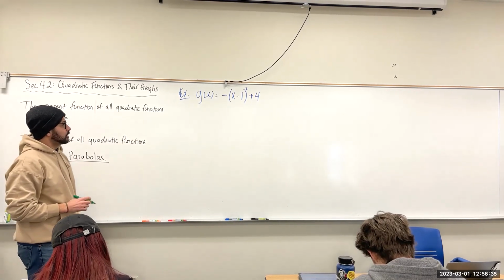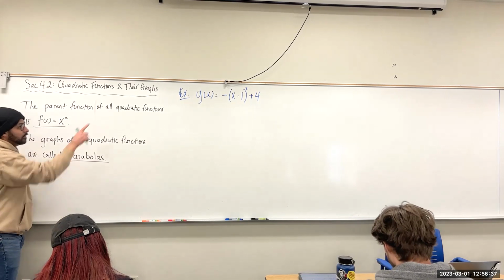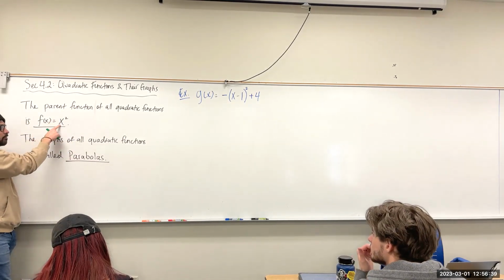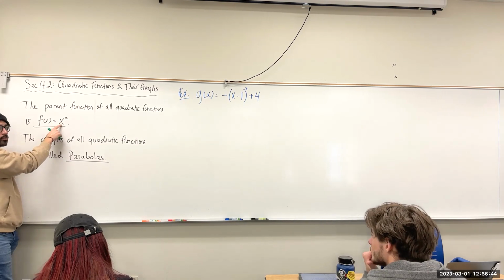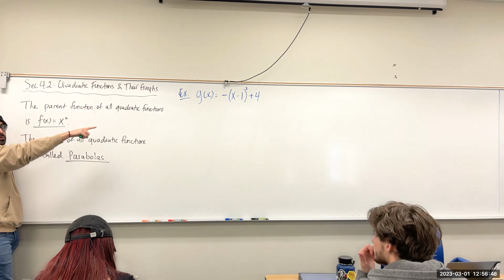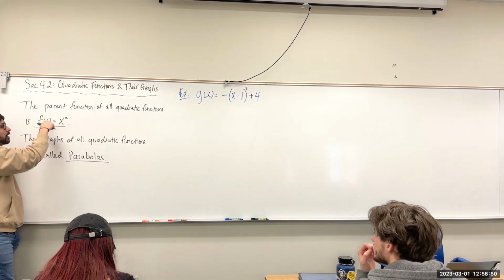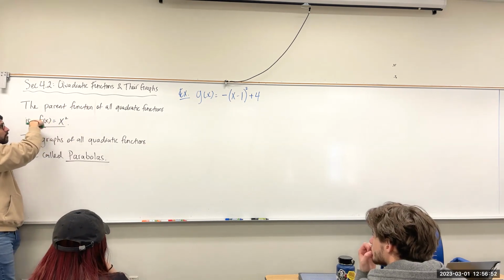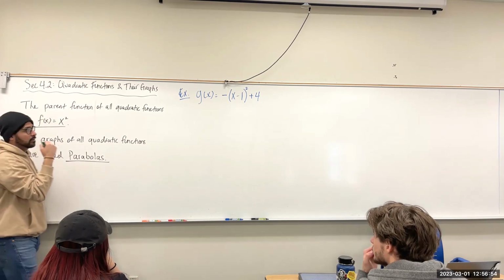So look at that function and look at the parent function x squared. Here, this is just squaring the x, but over there, what is it that you're squaring? X minus 1. So what is that? How would I rewrite that using this f function here? What do you guys think?